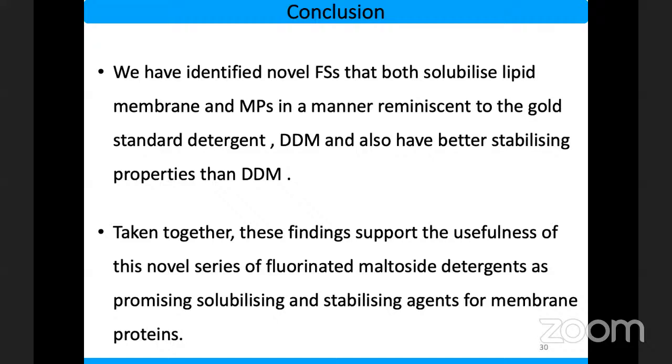It was actually, for some, quite smaller than DDM. For some, it's like DDM, the rod shape. We actually determined very small micelle shape for some compounds. So it differs. That is why we are tailoring this surfactant to give us the best promising properties.